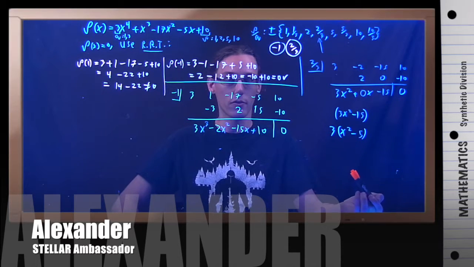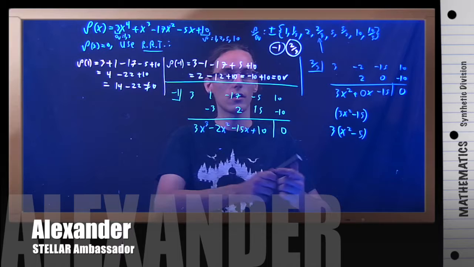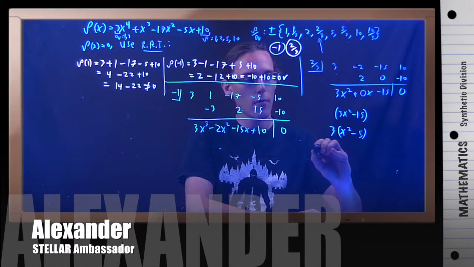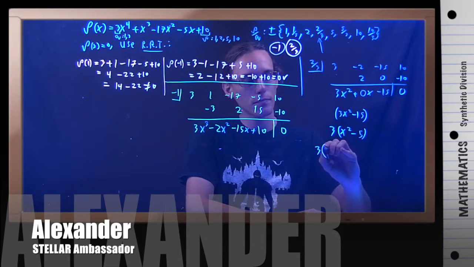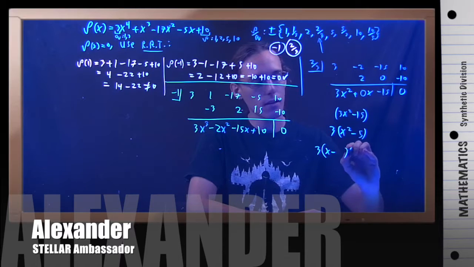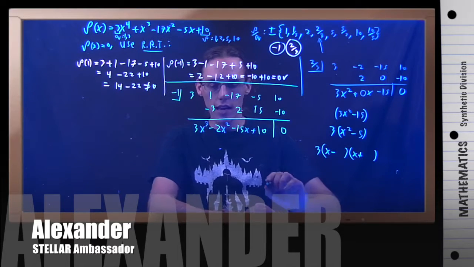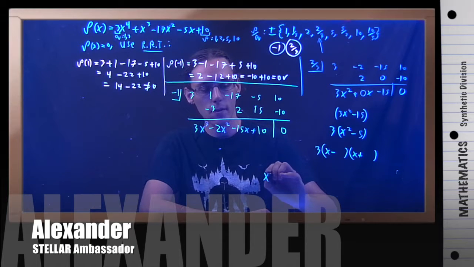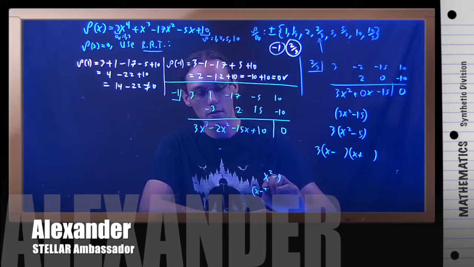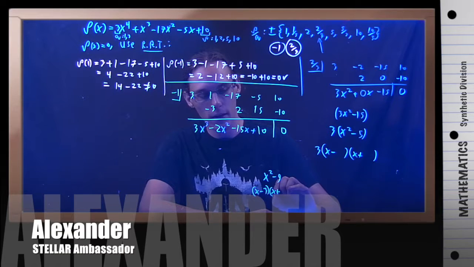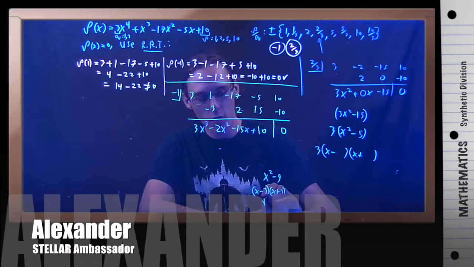They're irrational. You might recognize that this looks like a difference of squares. And so I would write it as 3 times x minus something and x plus something. Well, just as an example, a reminder of difference of squares, if you had x squared minus 9, that would turn into x minus 3 and x plus 3, which is really just square root of 9 in both places.